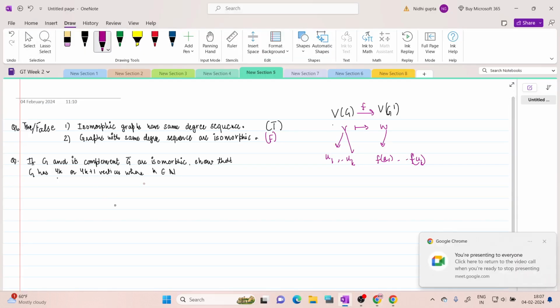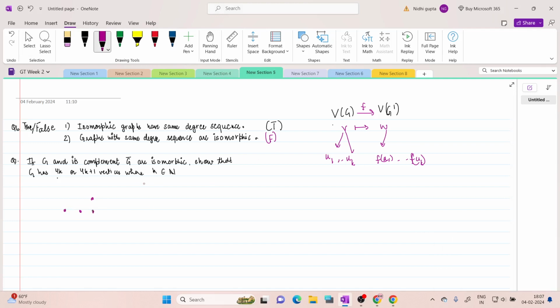Okay, so I'll give it. If we just look at this graph, are these two graphs? First of all, what is the degree sequence of the first graph?